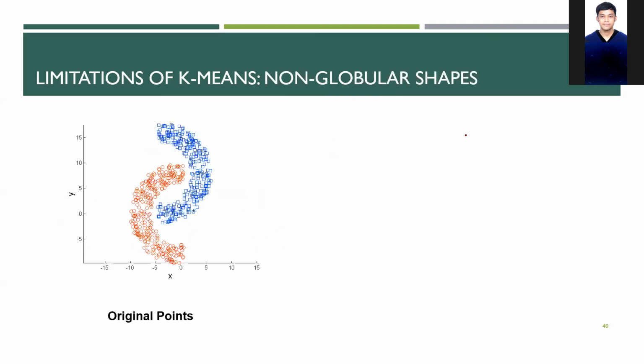Okay. Another problem is if the data shape is non-globular. What is non-globular, and why does it become a problem? Because, for example, k-means always represents the cluster as a centroid. Let's say this is the centroid.